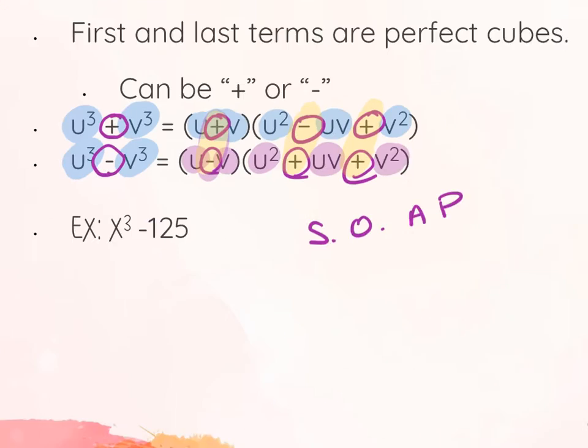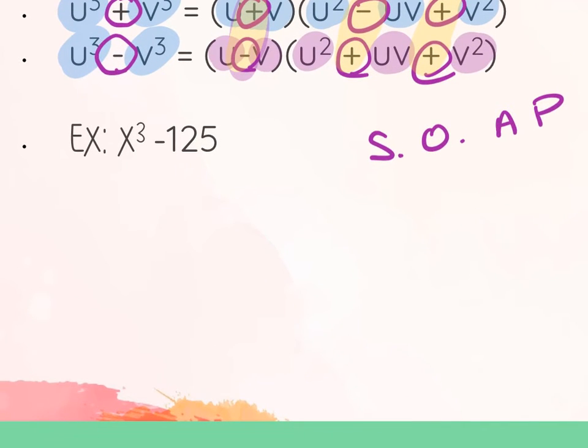All right, let's work through an example on this one and then we'll get to the next one. So the first thing you have to do is identify that these are both perfect cubes. The variable has to have an exponent that's a multiple of 3, because that's how you know it's a cube. It could be to the third, it could be to the sixth. This one is, so my first term is x. Cube root of 125, and my answer is 5. If I didn't know it, I would get 5 and 25, which is 5 and 5, that's three 5s, which is exactly one 5.